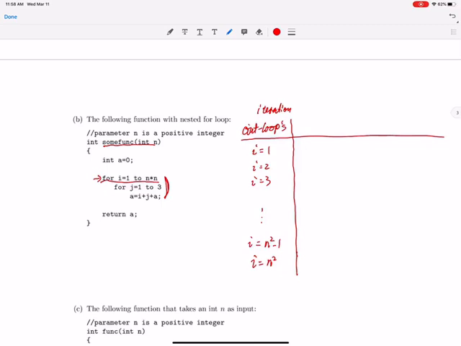Okay, so now for each of these iterations, let's look at the inner loop, and how many times it will iterate. So the inner loop says that j will start from 1 to 3. Thankfully, this will always be 3 times, right, iterate for 3 times.